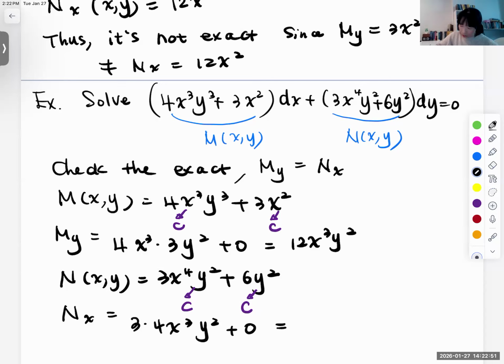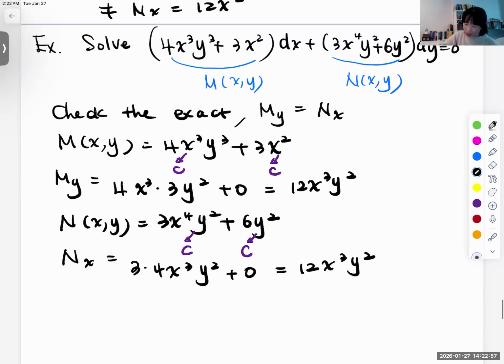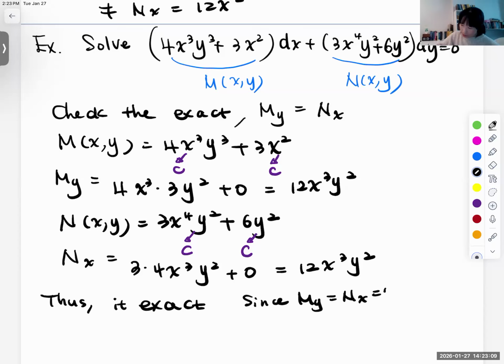So there will be 12x to the third power y squared. They are matched. So thus, it's exact, since they are equal, right? 12x to the third y squared.